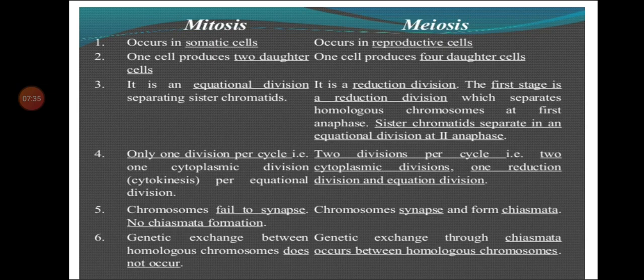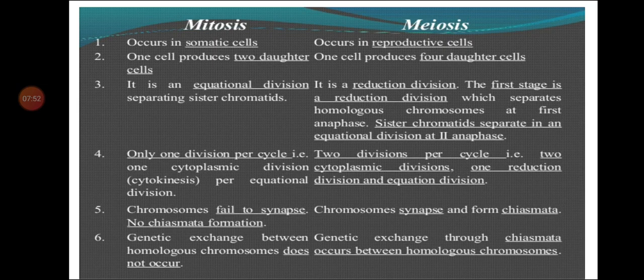What is mitosis? It occurs in somatic cells, means it occurs in all the body cells except reproductive cells. Meiosis occurs in reproductive cells, means meiosis takes place only in reproductive cells.